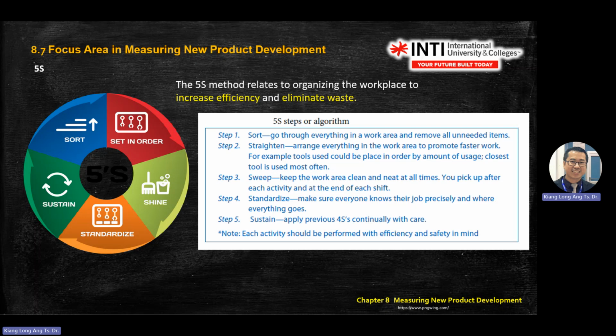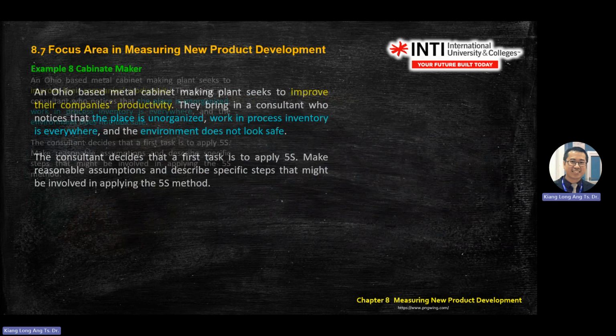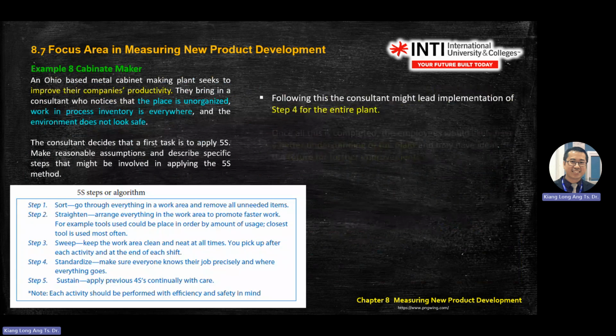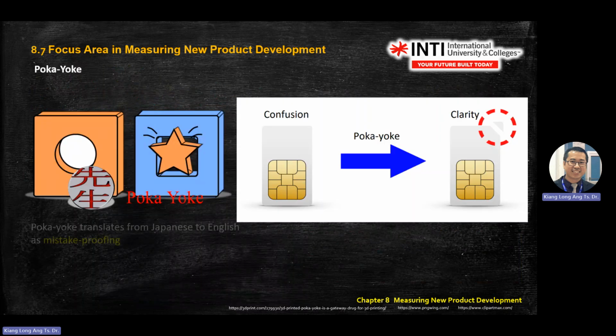What is 5S? Because when you go to internship, you'll surely come across 5S. What is 5S? 5S is set in order, shine or clean, standardize, sustain, and sort. This is the 5S system. Go and read all these things.